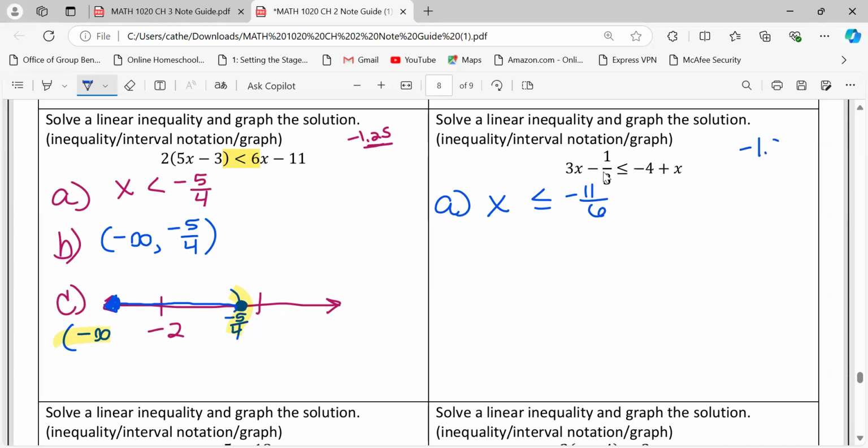And just for reference, it's just -1.8, so I'll know what two numbers it's going to fall between on the number line. Okay, so that's going to fall between -2 and -1.